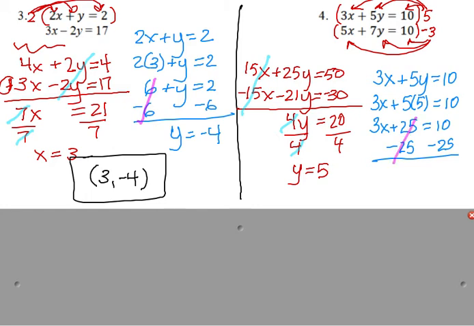So those are gone, meaning that 3x is equal to negative 15. And then divide by 3 on both sides. So these 3's cancel. And I can say that x is equal to negative 5, which means that my ordered pair here would be, make sure you keep them in order, negative 5, 5.